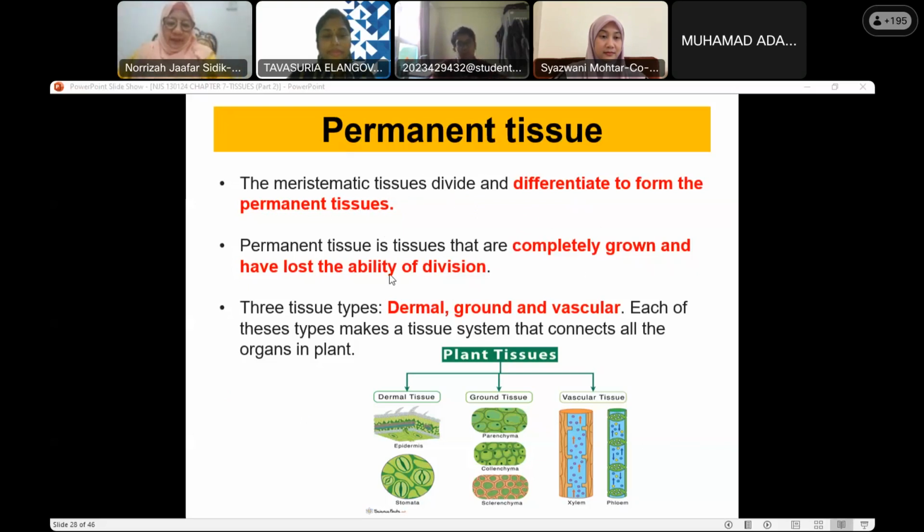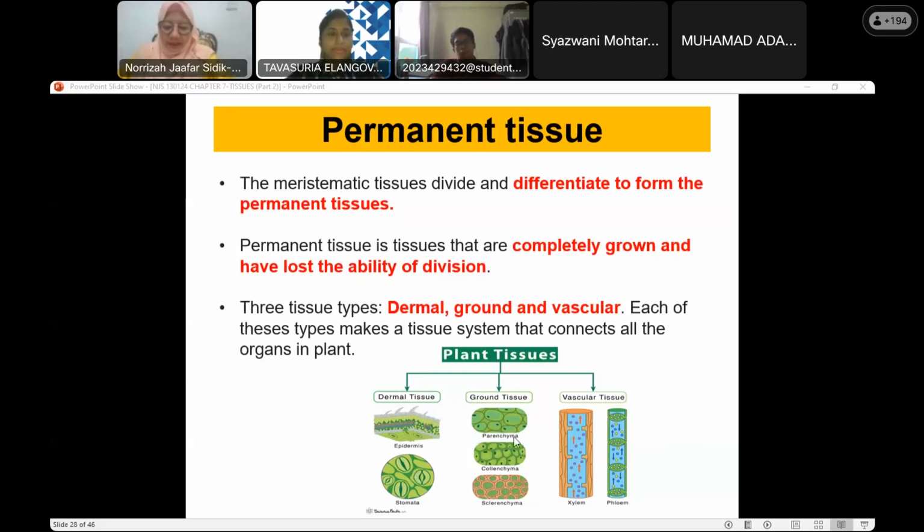And these permanent tissues are completely grown and have lost the ability of division. So we look at the permanent tissues given here in the figures: the dermal tissues, ground tissues, and the vascular tissues. They are the tissue system that connects all the organs in the plant.